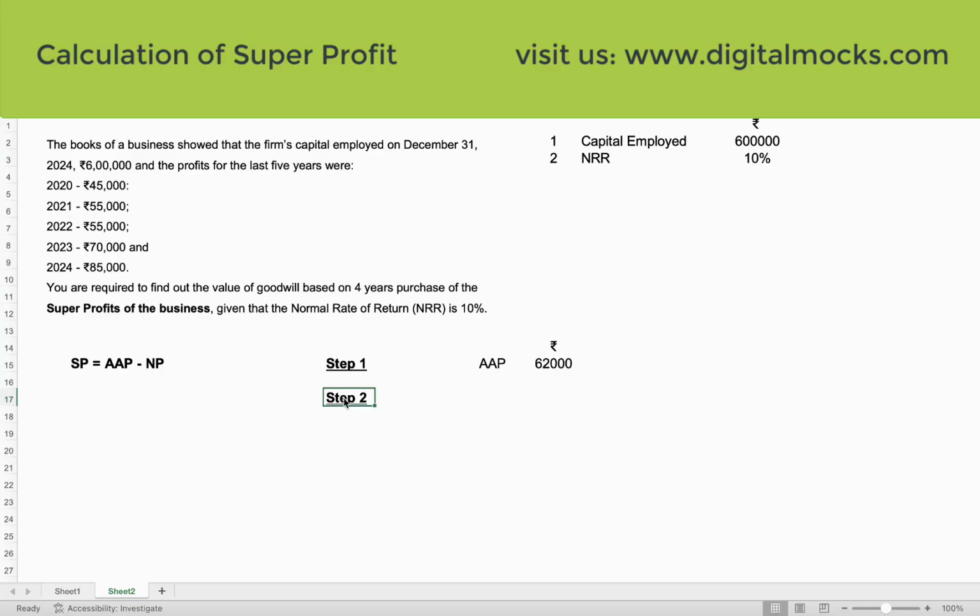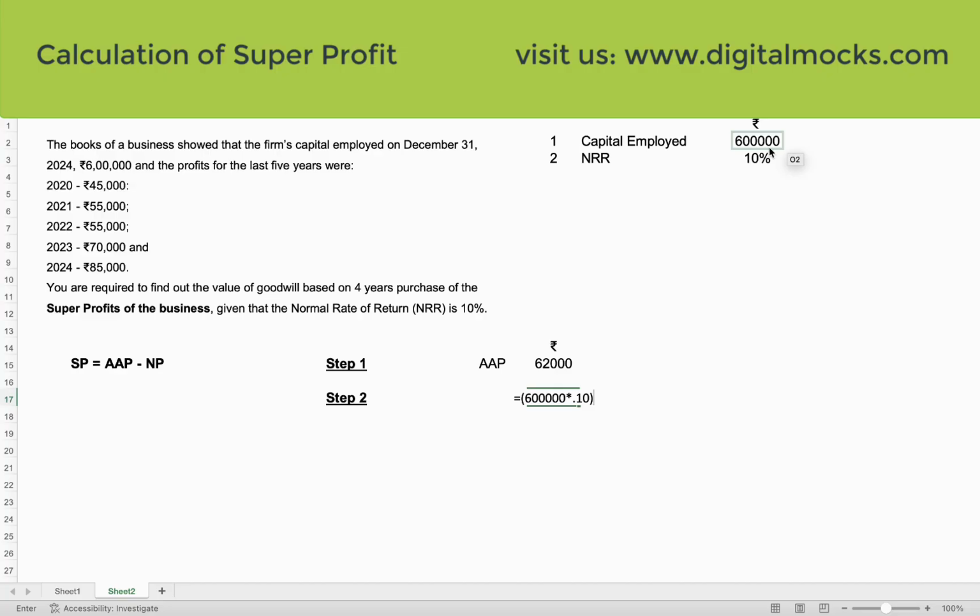Now what is step 2? Step 2 is to find the normal profit. And for normal profit, suppose I have invested 6 lakh in my business, or I mean to say in the firm. If the same amount I put in the bank, in that scenario, without any risk, how much will the bank give me at the rate of 10%, right?